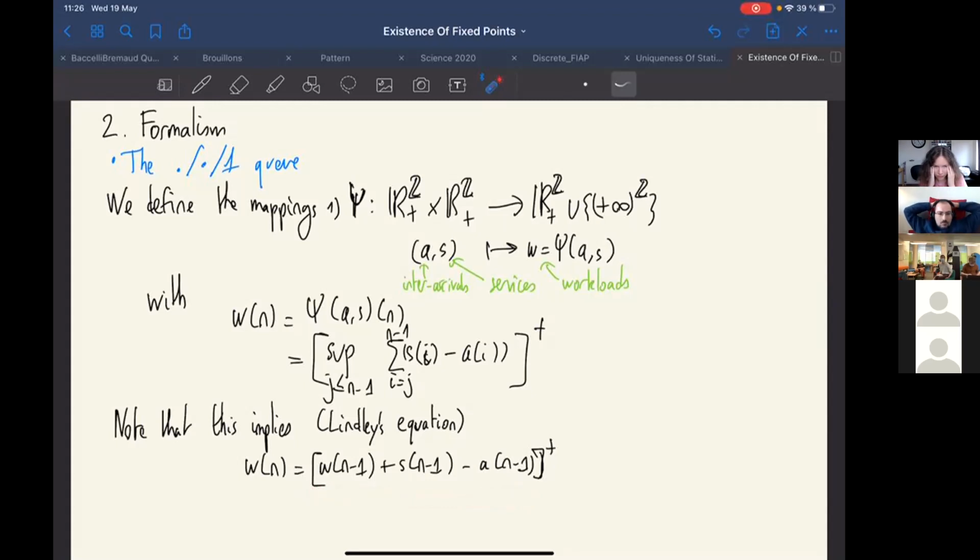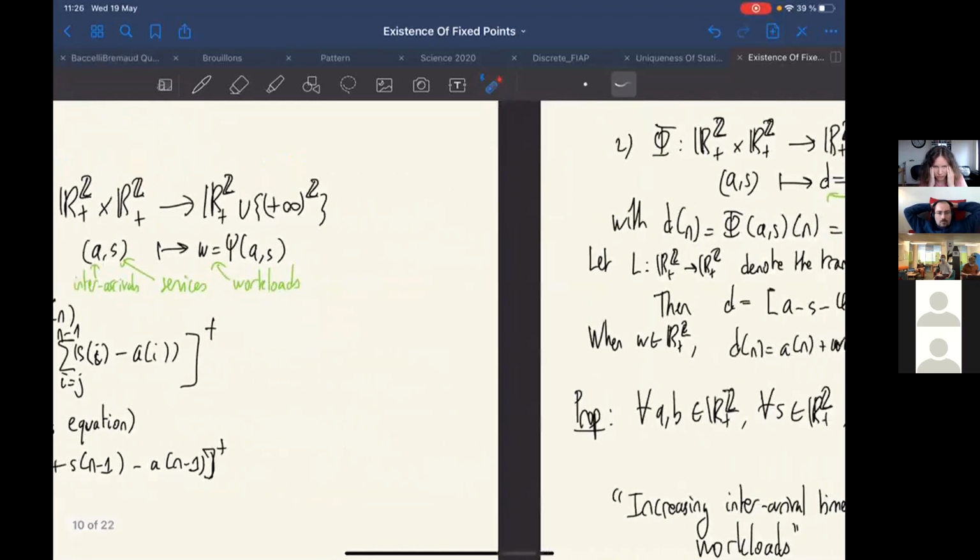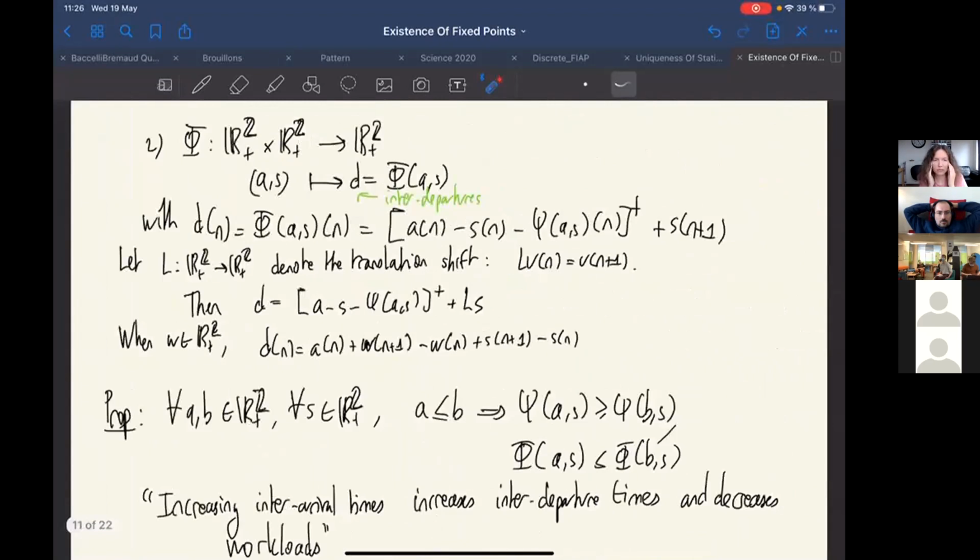And you can rephrase that in this fashion. But the main mapping is the next one: the one that associates with the interarrival process and the service time process the interdeparture process. There are many equivalent ways to describe it, but the clearest one is this one.